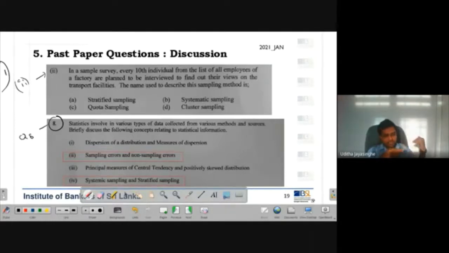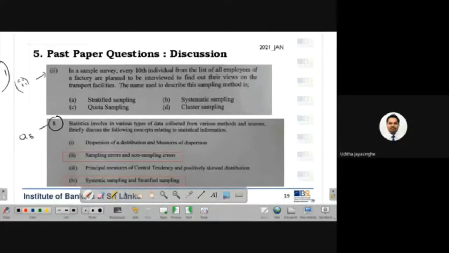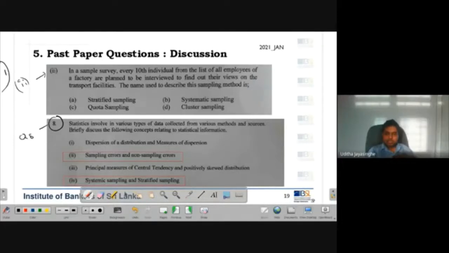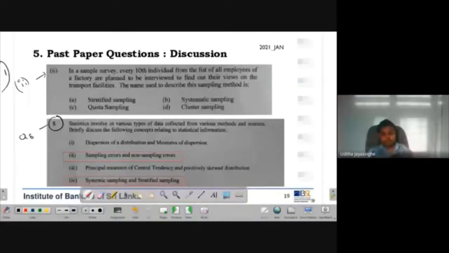You then cluster under sampling errors and non-sampling errors, and under sampling errors you put up a small writing. Under non-sampling errors, put some examples. And then maybe some more wording as to how you eliminate these. That's a good discussion on sampling errors and non-sampling errors on a broader scale.